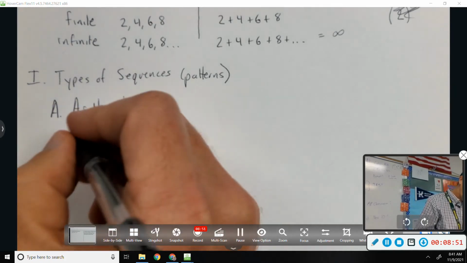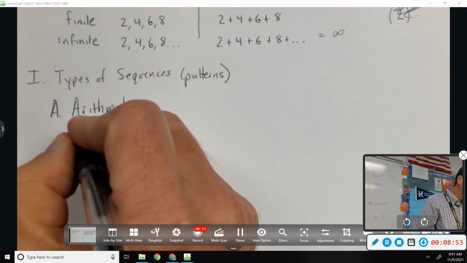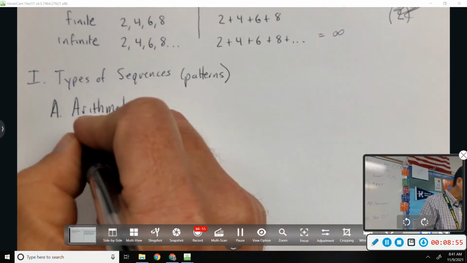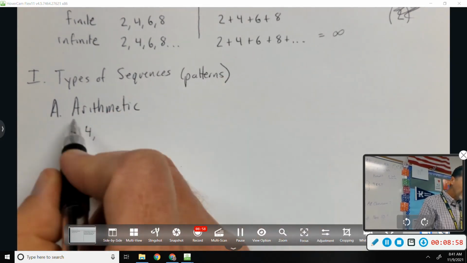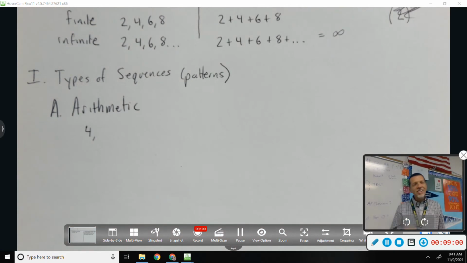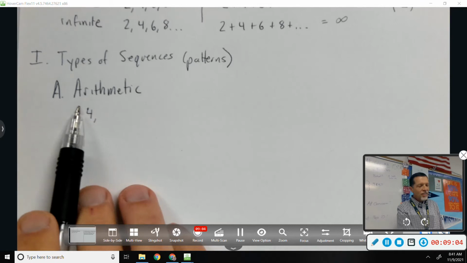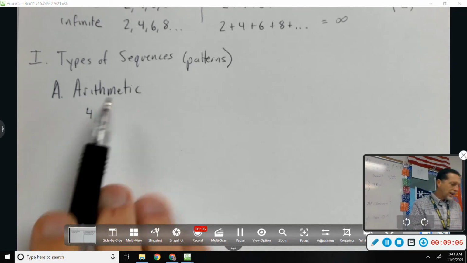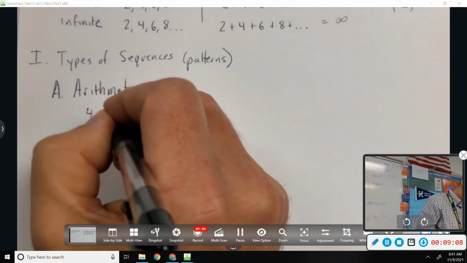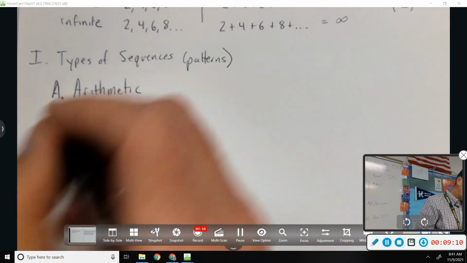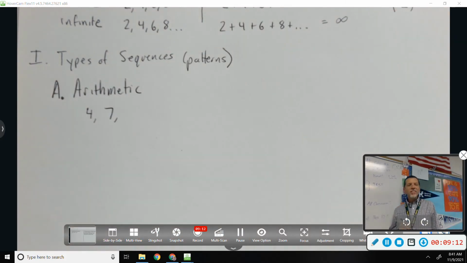But how would you know which one's which? Yeah. The context is right. That's exactly right. Here, there's not much context other than you heard me say it, and it's a type of sequence. So the adjective is arithmetic.